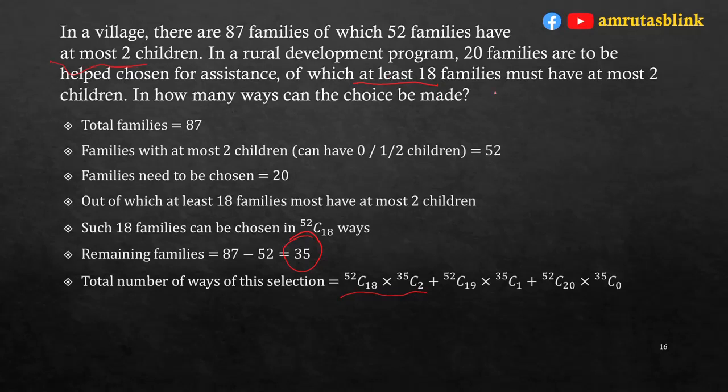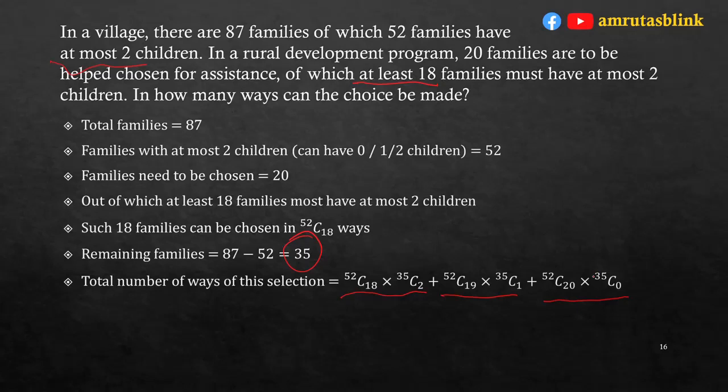Now, in the question they have asked us at least 18 families. So, we can have 19 families or 20 families from this 52 families. So, once we are done with 18, we can either select 19 families from this 52 and remaining 1 family from 35 families, or we can select all the 20 families from this 52 families. So, ultimately, we need not select any family from the remaining 35.